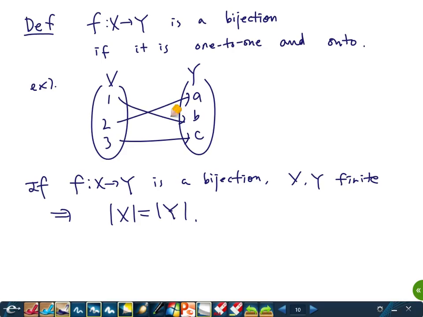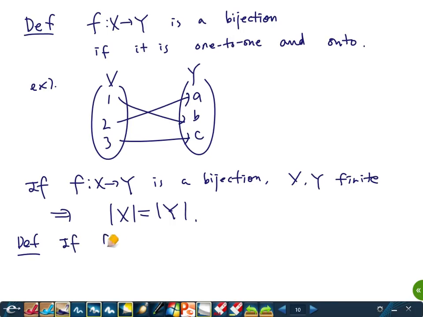So a bijection is a nice function. It gives us additional information: the cardinality of X equals the cardinality of Y. And moreover, when we have a bijection, we can talk about its inverse.